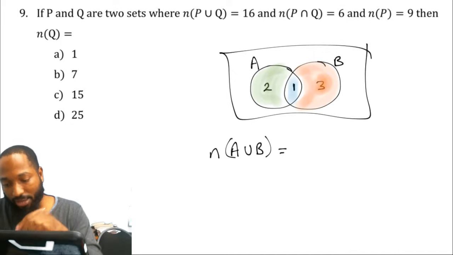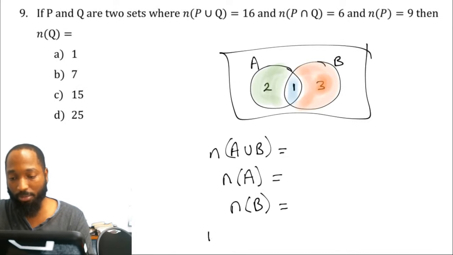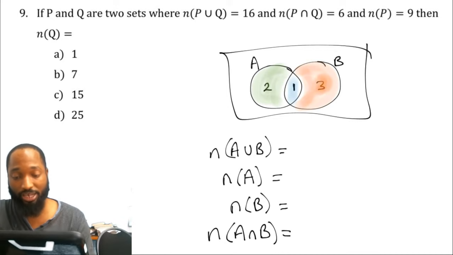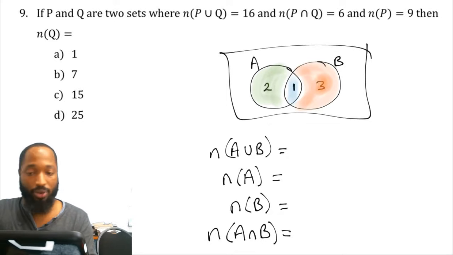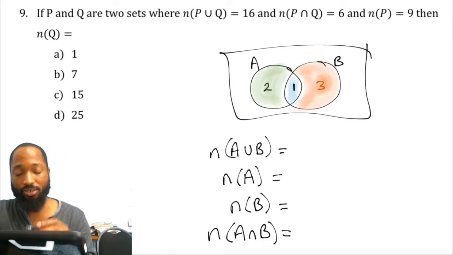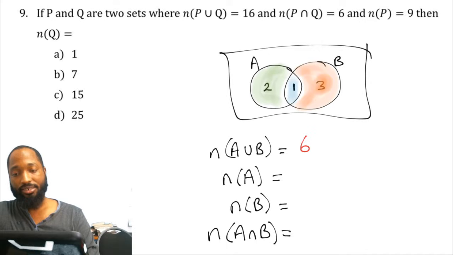How many elements do you have in n(A union B), and how much do we have in A by itself, and in B by itself? Because those are the things we're going to use in the formula. And how much do we have in the intersection between A and B? Now let's follow those numbers. In A union B, we have all of them, so 2 plus 1 plus 3, that's 6.